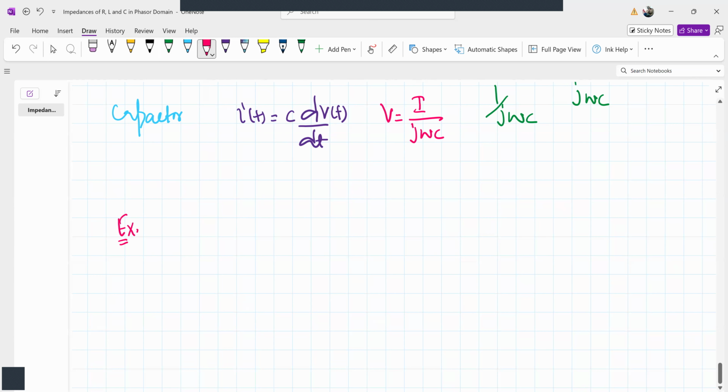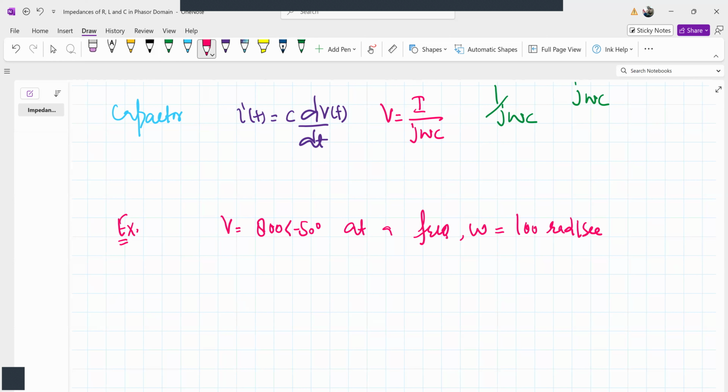we are given a voltage phasor V that's equal to 800 at an angle of minus 50 degrees at a frequency omega of 100 radians per second. So omega is given.